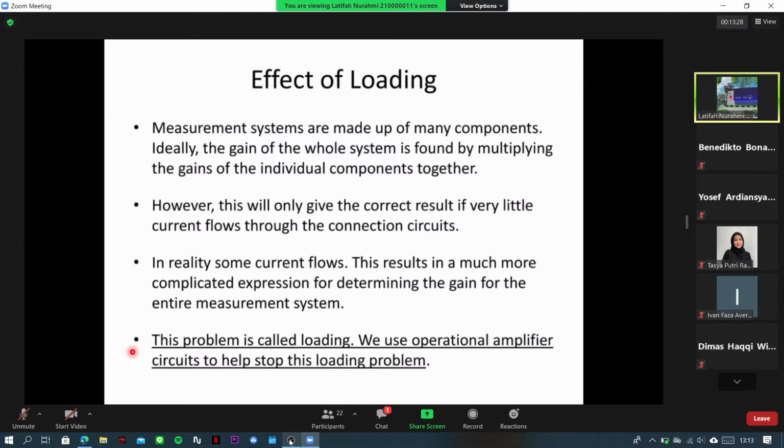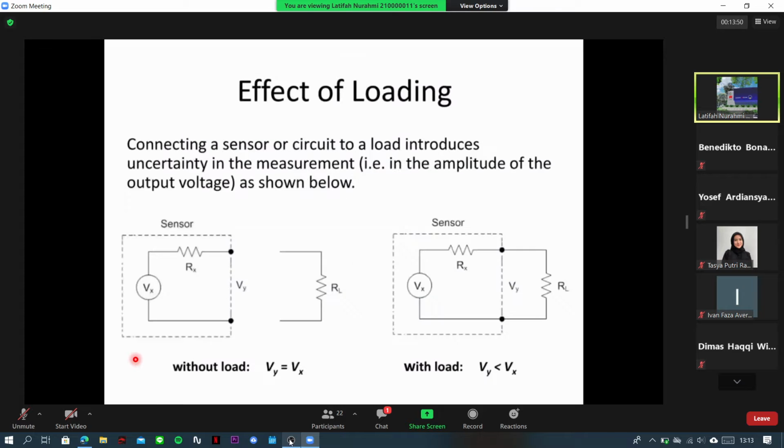So this problem is called loading. We use operational amplifier circuits to help stop this loading problem. So if you use many elements, each element has gain, then you have to multiply the gain from each element, and it adds load. This is what we call the effect of loading.